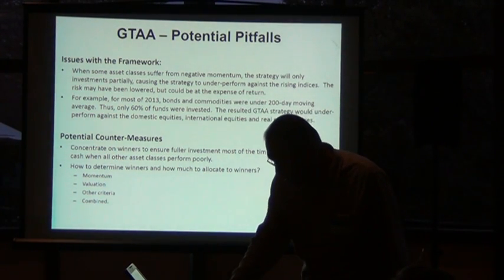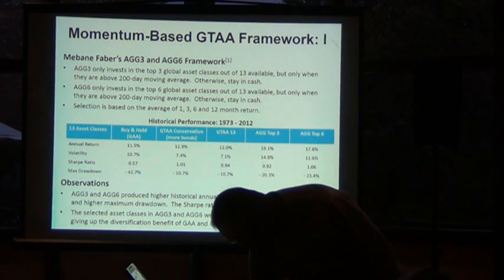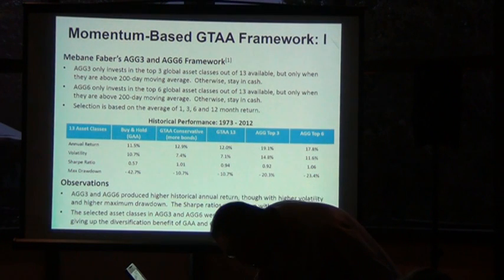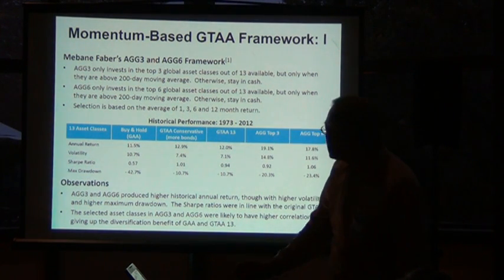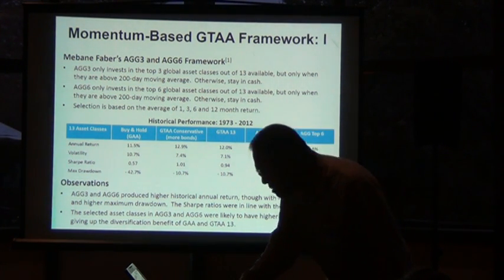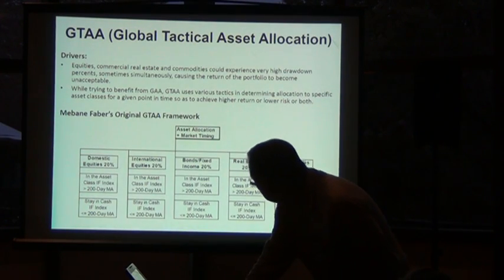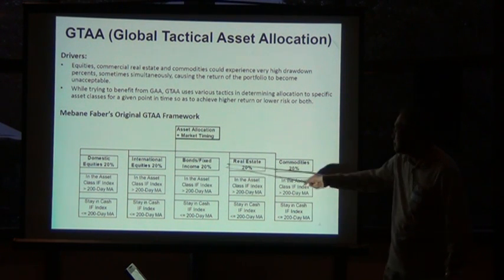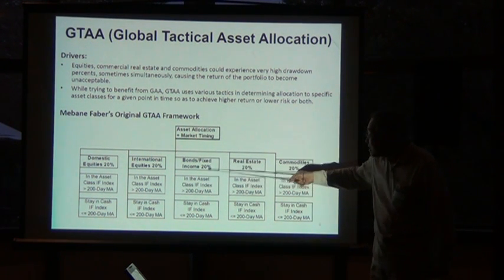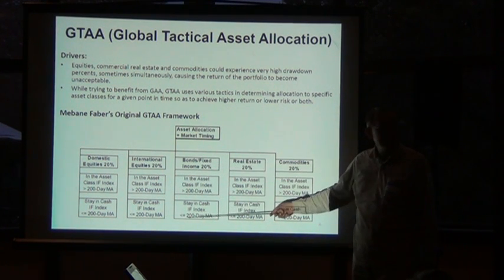So if you look at this here, for most of the last year, we know that the bond did not do well. So the 20% allocated to bond will stay in cash most of the time.